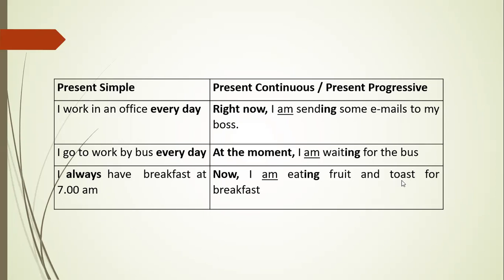Now I'm eating fruit and toast for breakfast. And here I'm describing, okay? So in the second column, I am describing what I am doing at a specific moment, and in the first column, I am talking about activities that I do every day.